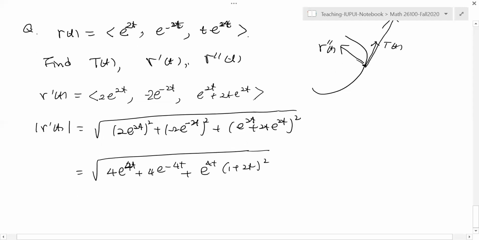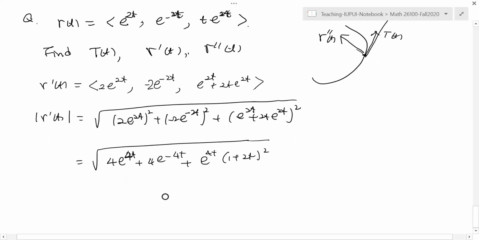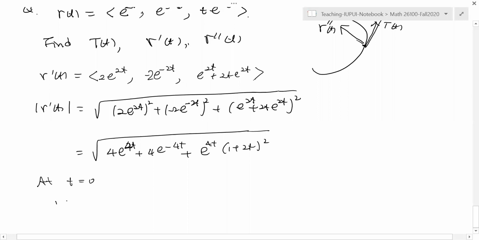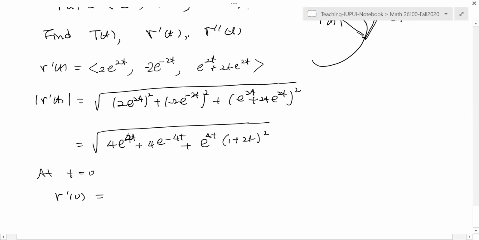So capital T is this. In the book we evaluate at t equals 0, and it'll be much easier, since usually you're given a special point. In this case e to the 0 is just 1.